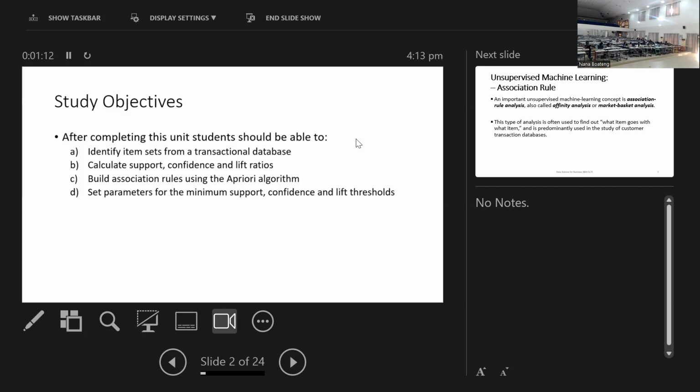Basically, remember that when we were looking at the technologies, we said that we have supervised learning and unsupervised learning. One of those methods is association rule learning or association rule mining. With this one, you don't have any target in mind. We have the data, and we want to go into the data to see if we can bring some insights from it, unlike other ones where we have a target in mind.